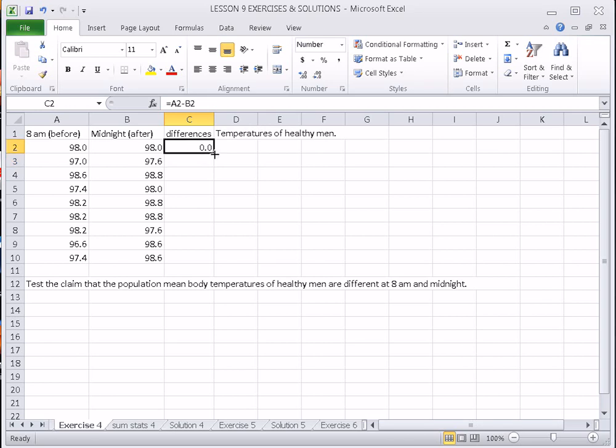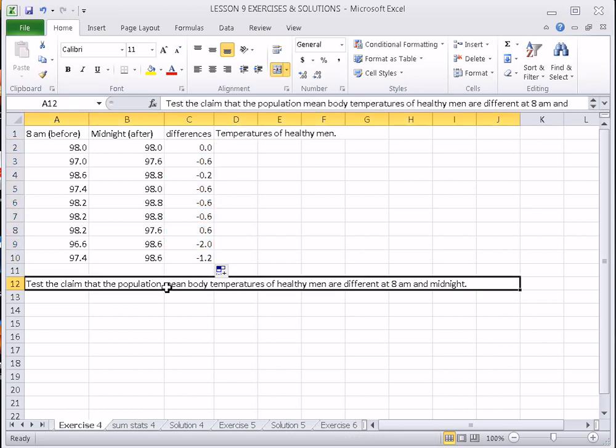We see some of these don't have any difference, and then several negatives, one positive. So we want to know, are these apparent differences significant, or is it really just random sampling error? Is the population mean body temperature before and after different or not?